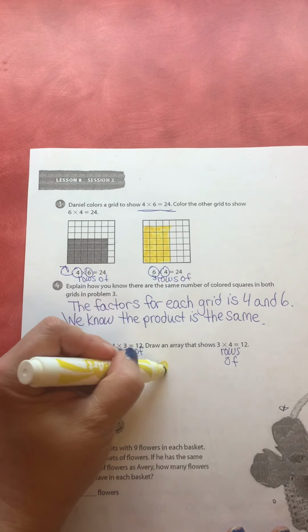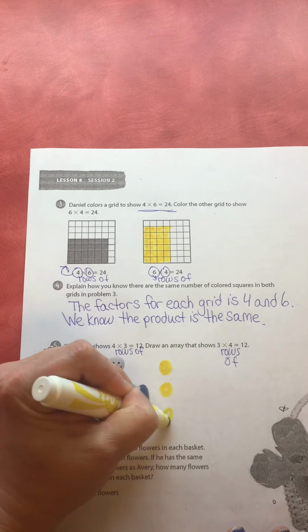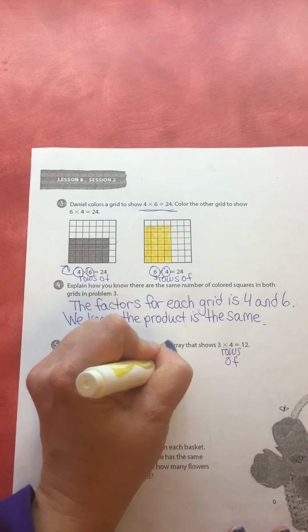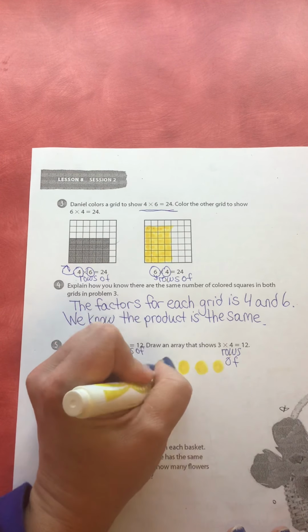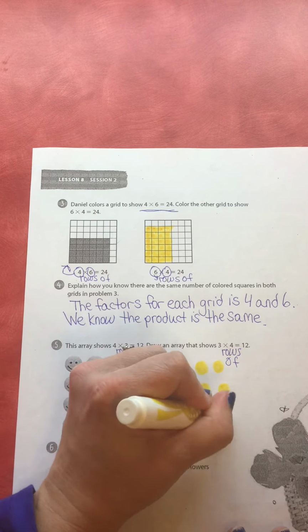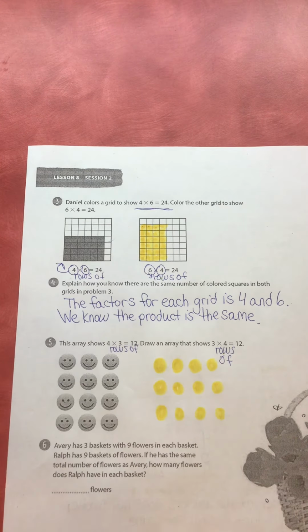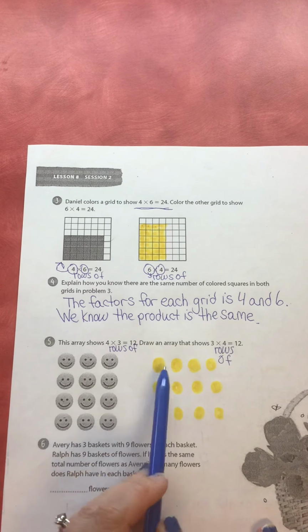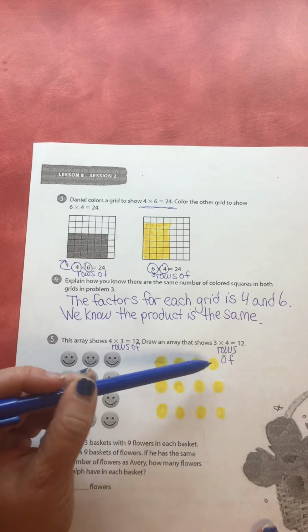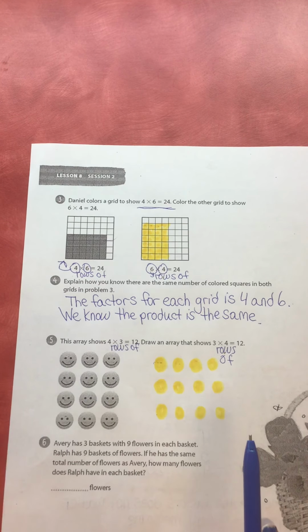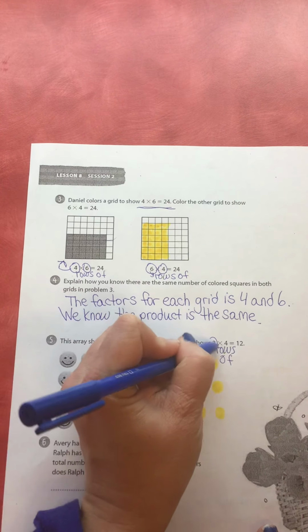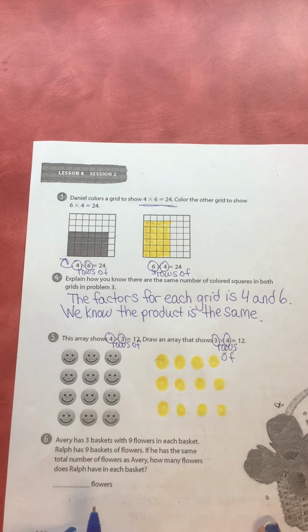So I'm going to draw 3 rows, and then 4 in each row. Okay? And our answer is still the same because we are using the same factors.